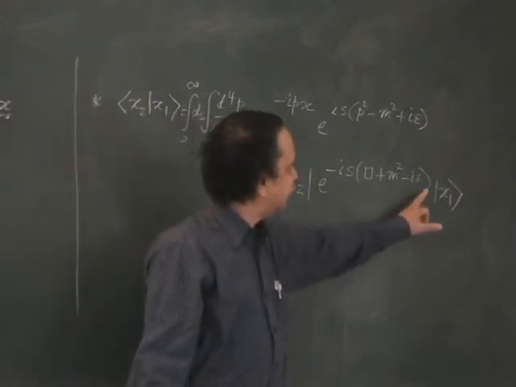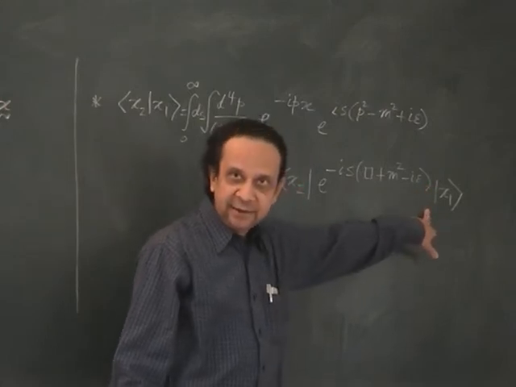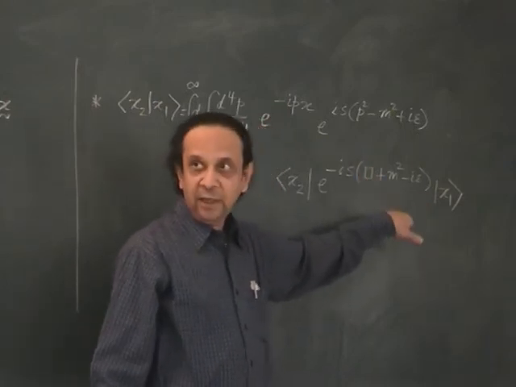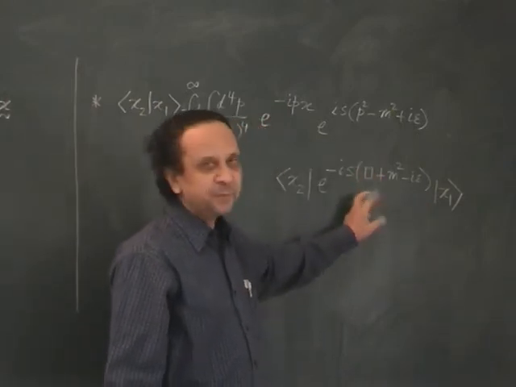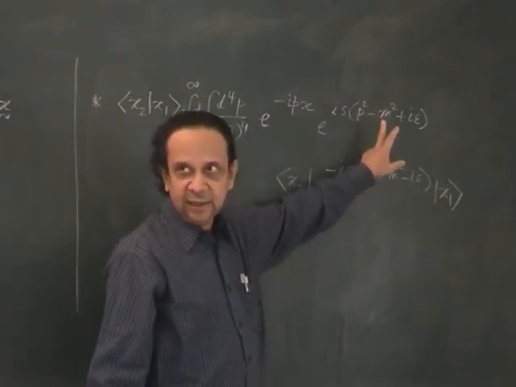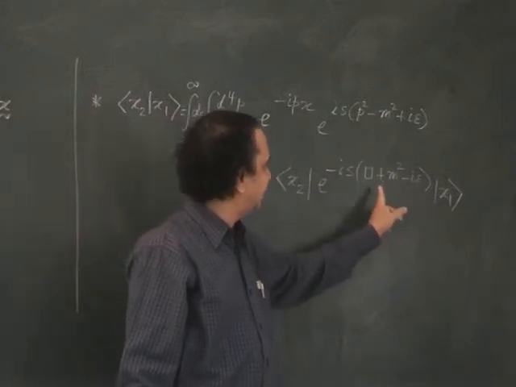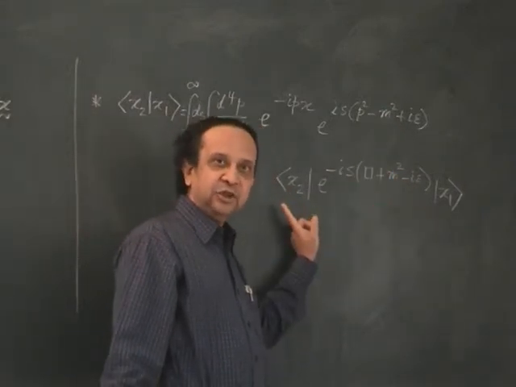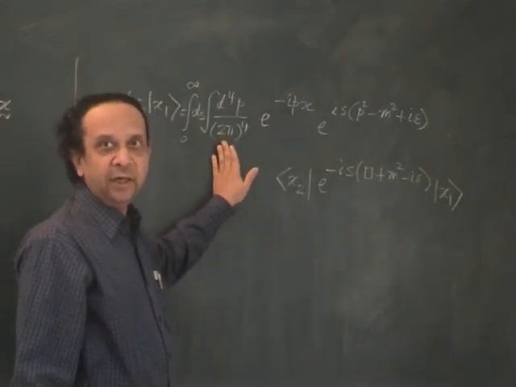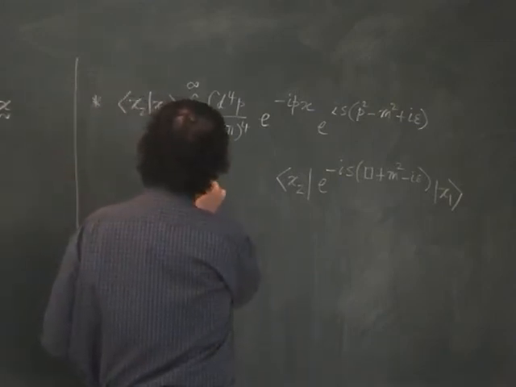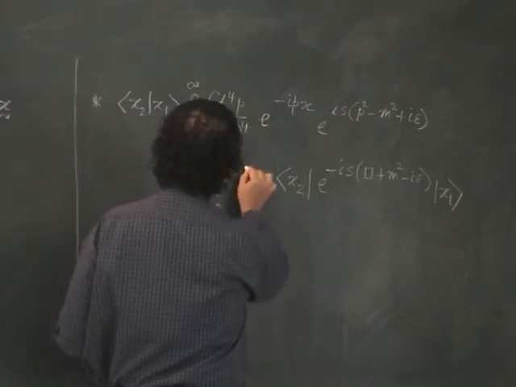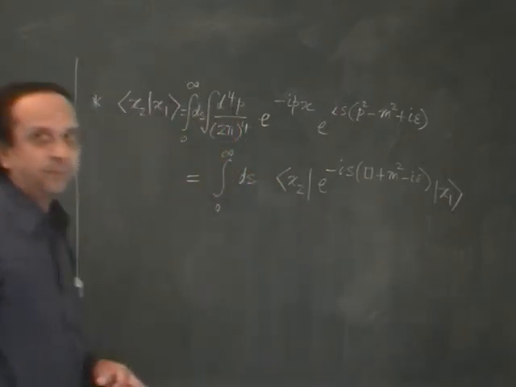What I would have done is to put a complete set of momentum states here, and on that momentum state this would have just given me p square, thereby getting it back to this. Okay, this sign is taken care of. Then once the momentum state is given, that will give you e to the ipx2 and e to the minus ipx1, that would have given me this expression with an integration over d4p. So this is equal to just integral 0 to infinity ds of this expression.